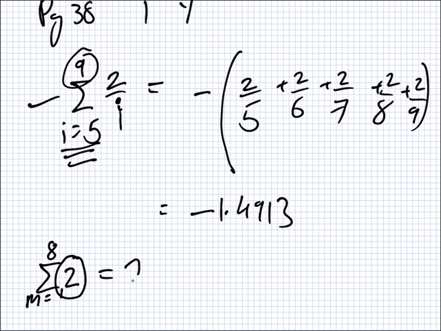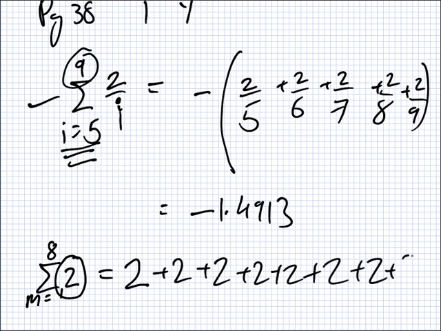Well, it's still 2. What is the value when m is 2? It's still 2. M3, M4, M5, M6, M7, M8. It's a constant 2.